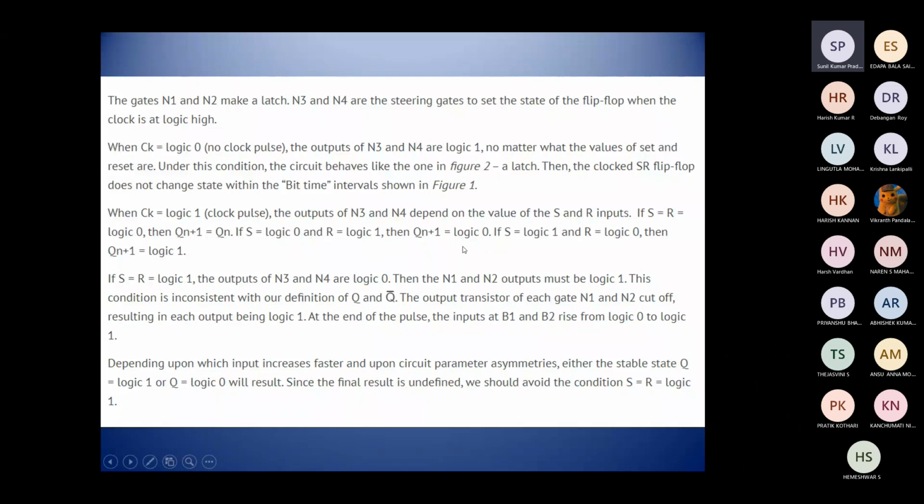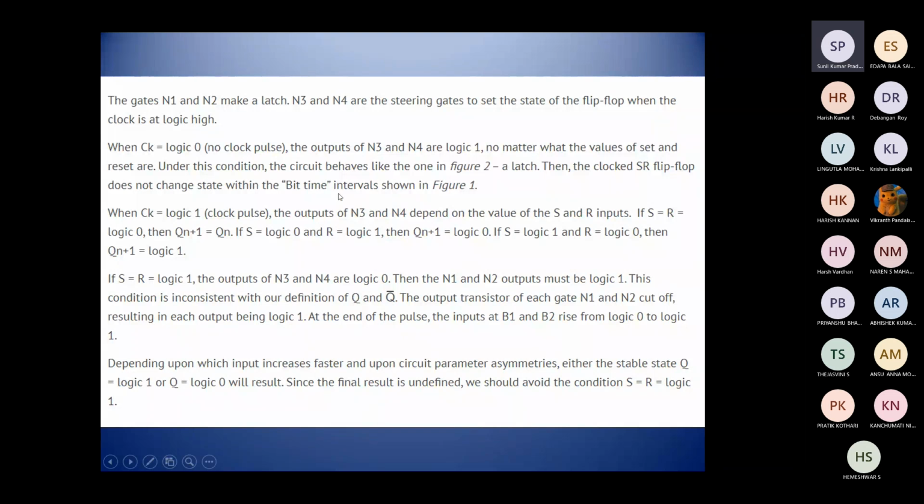If S is equal to logic 1 and R is equal to logic 0, then Qn plus 1 is equal to logic 1. Now let's apply another condition: if both S and R are logic 1, then the outputs of N3 and N4 are logic 0.